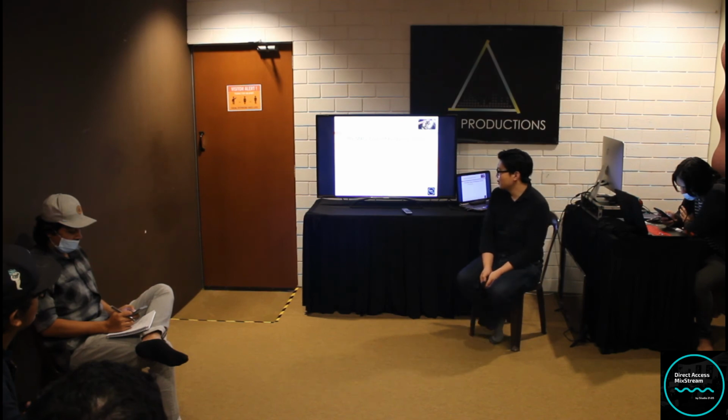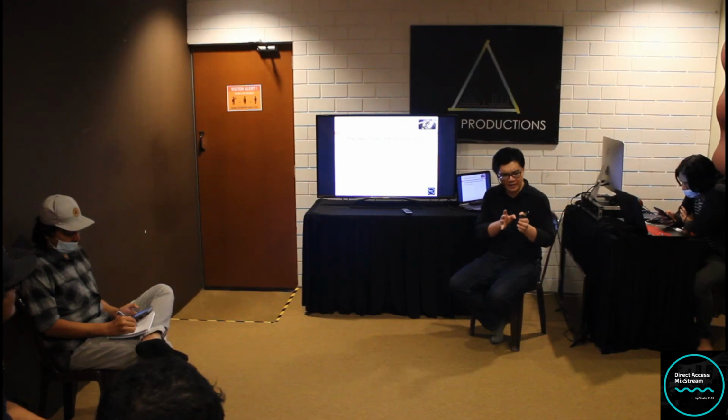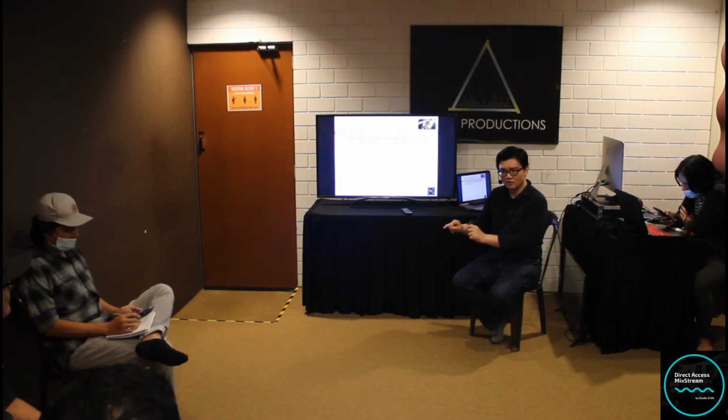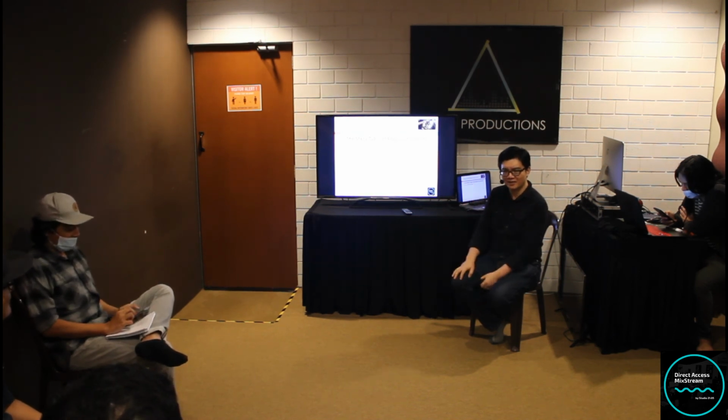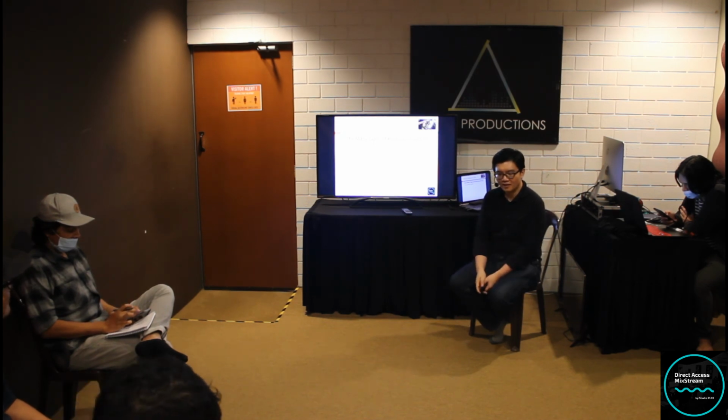Continued: the Luddite. Luddite is a term that refers to a group of people called the Luddites, who eschew all the latest technology. They are the purist type. It's like, everything must be recorded on analog tape, 8-track cassette, no click track, the band cannot use a click track.